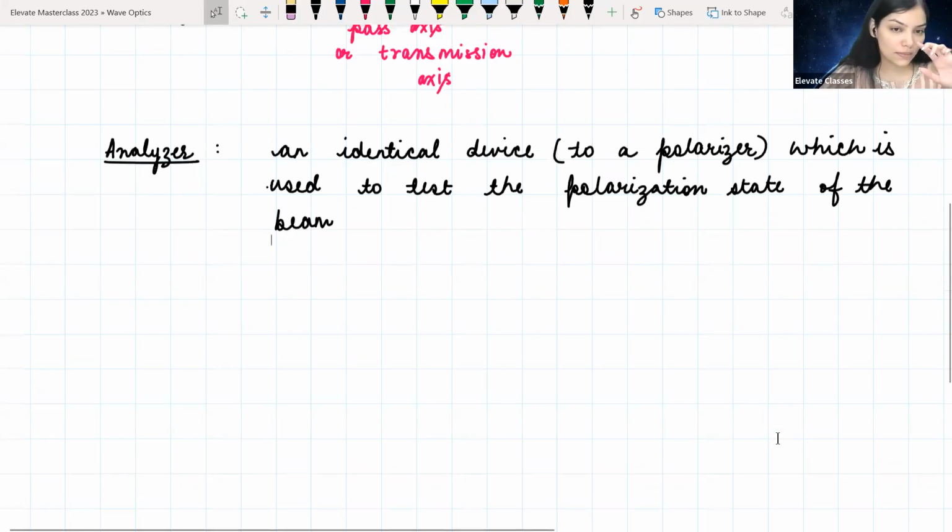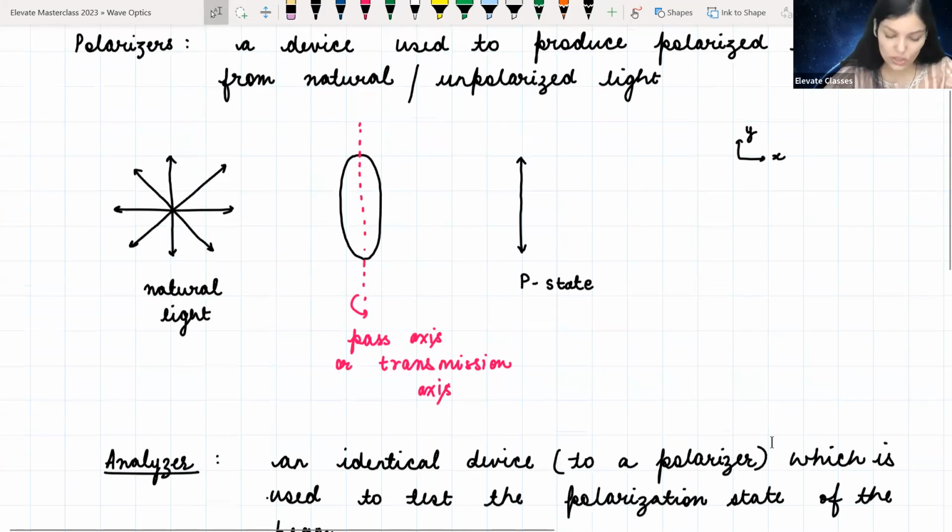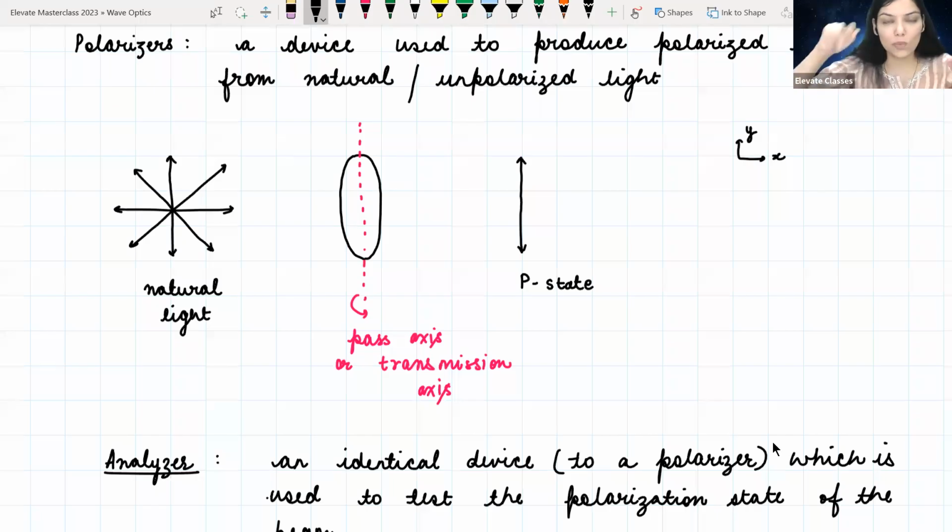Now I just want to make one small point, because last time when I was discussing natural light, I told you that we can consider natural light as a superposition of two orthogonal polarizations. That means I can decompose all these possible electric field vectors into two chosen directions, maybe X and Y, and write natural light as a superposition of these two orthogonal vectors.